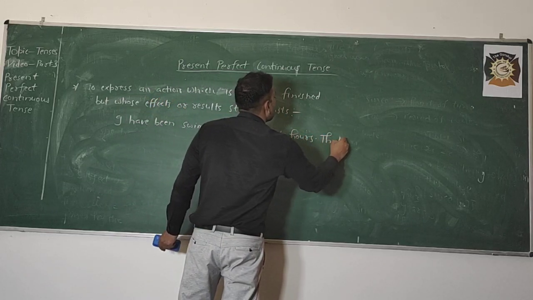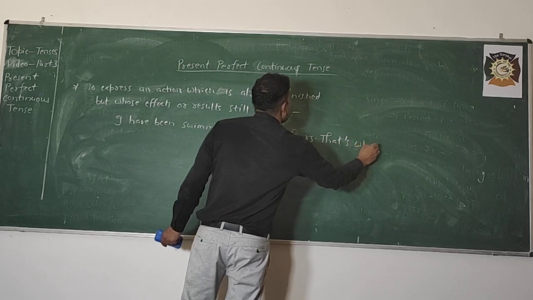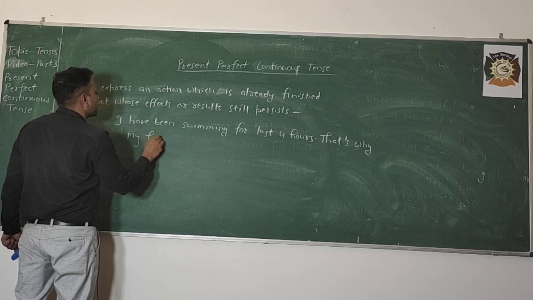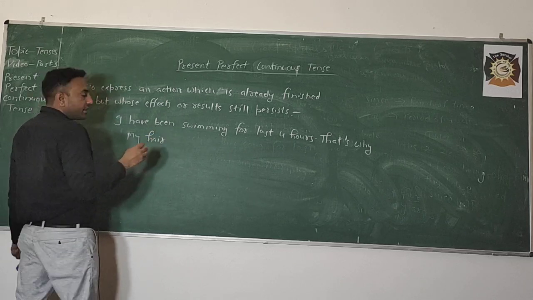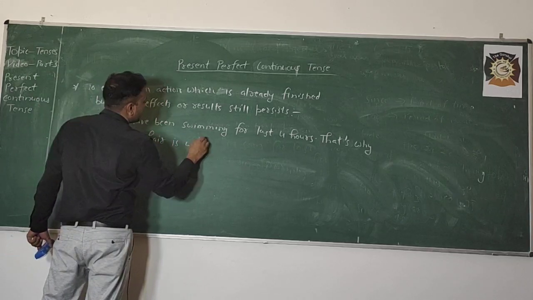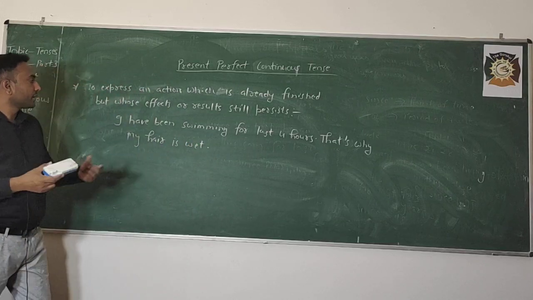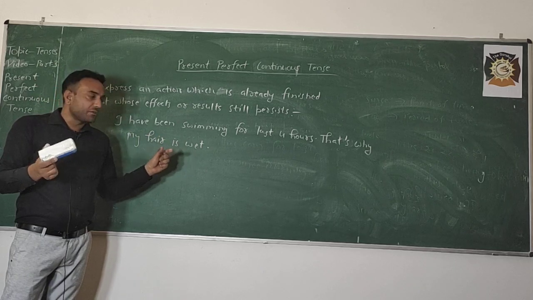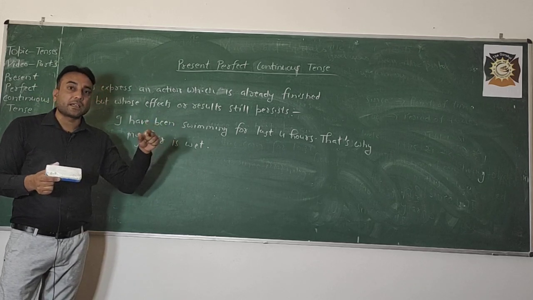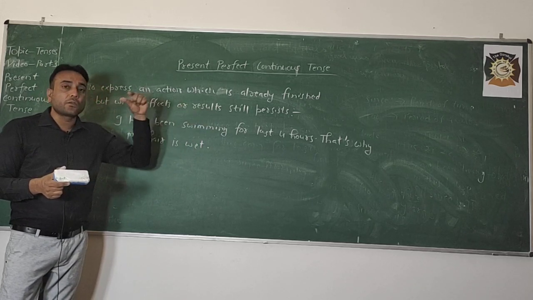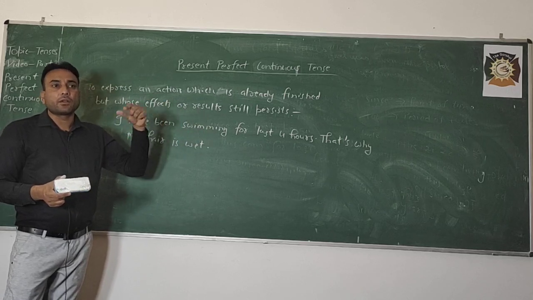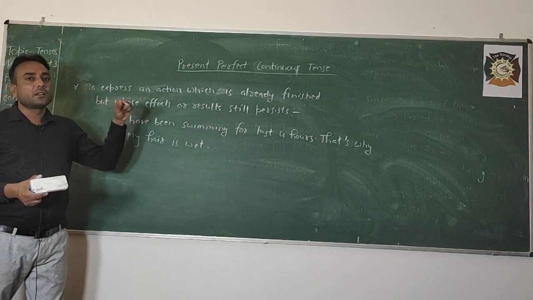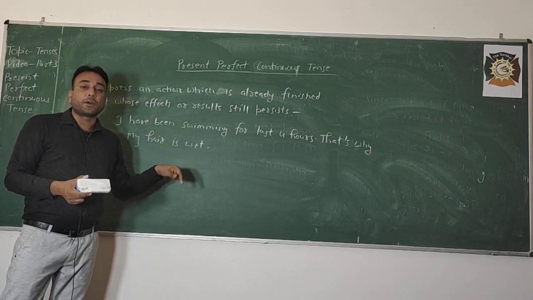That's why my hair is wet. It means the action is already finished. You have stopped swimming. Now you are sitting somewhere, but your hair is wet because the effect of swimming is still on your body, on your face, on your hair. So the action is already finished, but the result and effect of the action still persist on you.